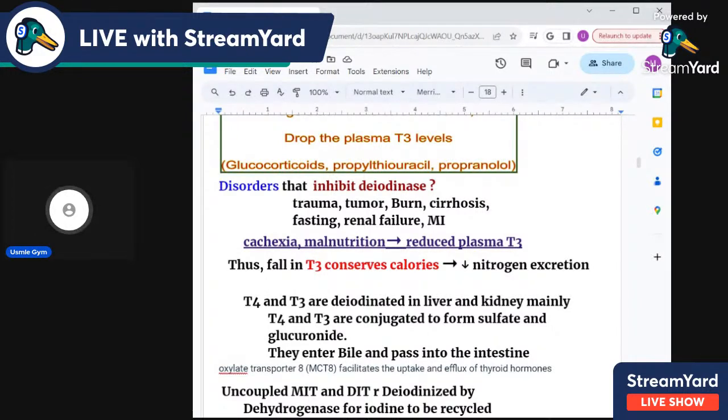So cachexia, malnutrition, any condition that causes decreased supply, reduces T3, because the T3 fall conserves calories and leads to decreased nitrogen excretion. So this is the advantage of reduced plasma T3 in conditions of cachexia, malnutrition, and other debilitating disorders.